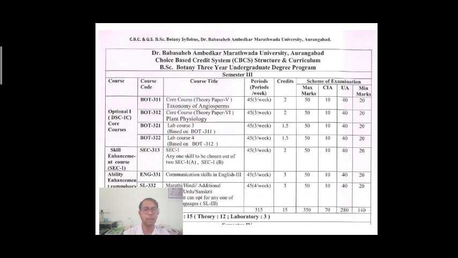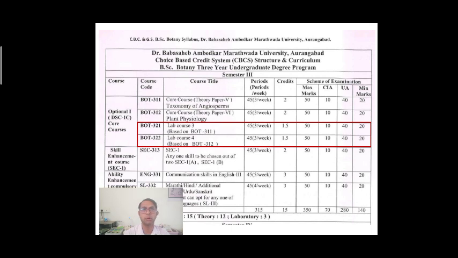Along with that, a class internal test or assessment is there for 10 marks, and the other exam is for 40 marks. Along with that there will be a lab course or practicals based on these two theory papers, and the titles of the practicals are Lab 3 and Lab 4.